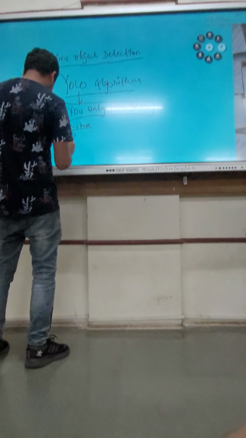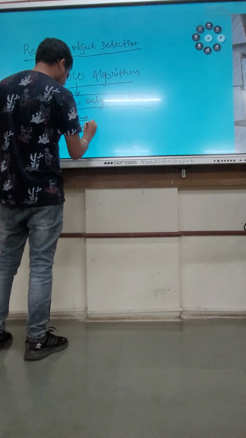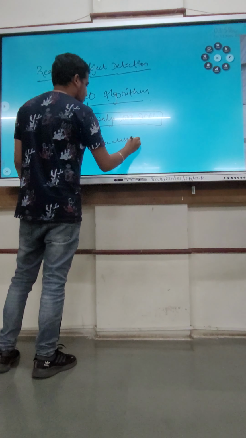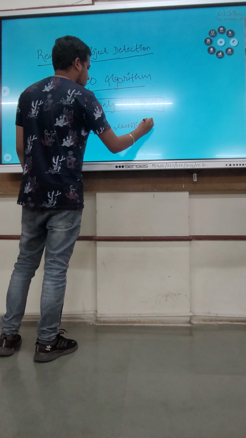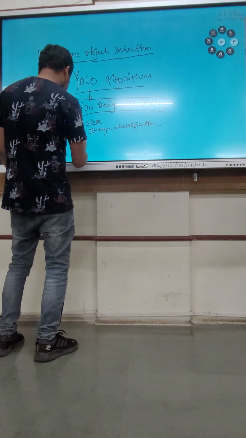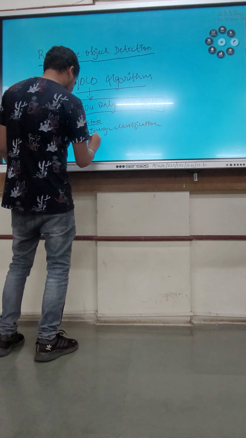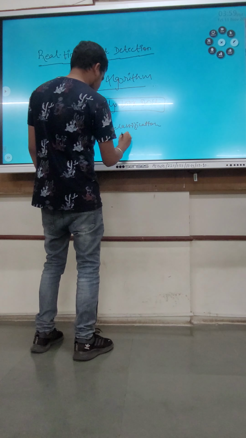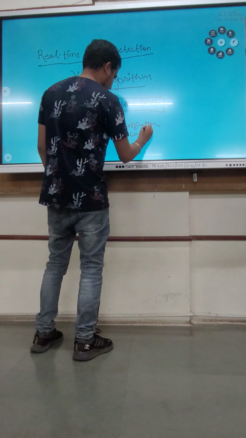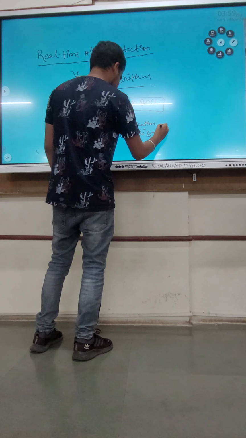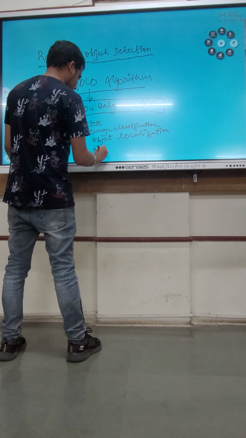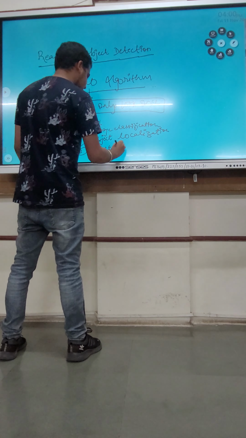The first step is image classification. The second one is object localization, and the third one is object detection.